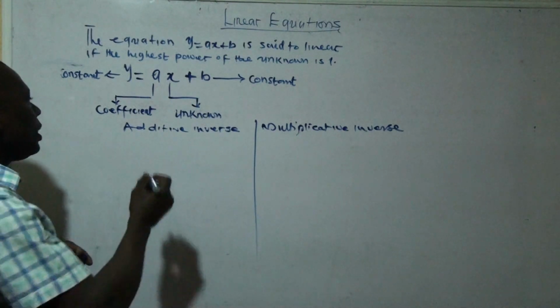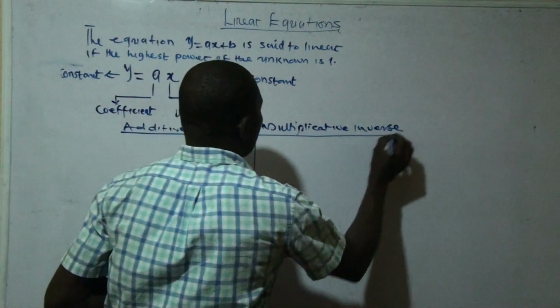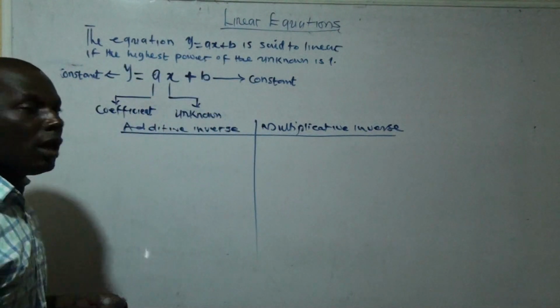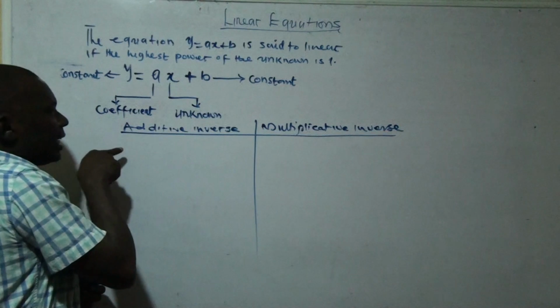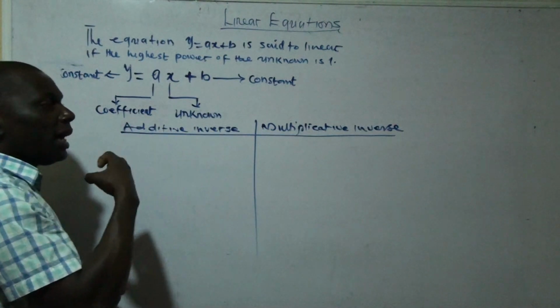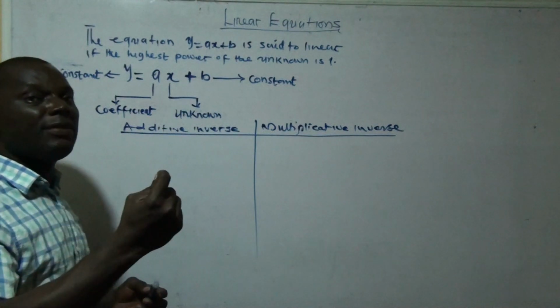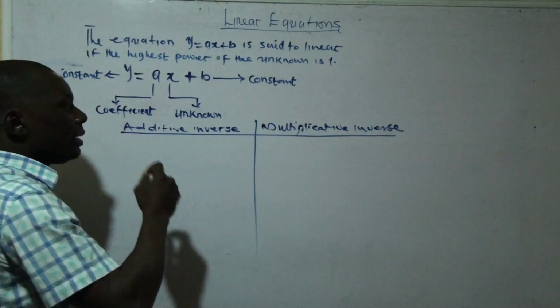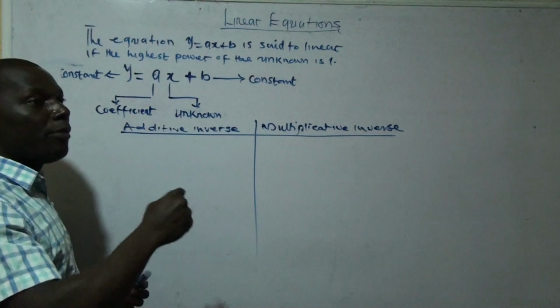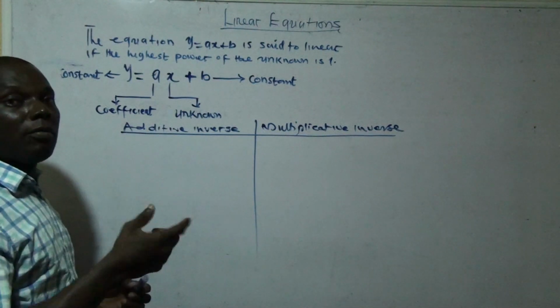Now, what do we really mean by additive inverse? In short form, the additive inverse of any number is usually obtained by multiplying the number by negative 1.